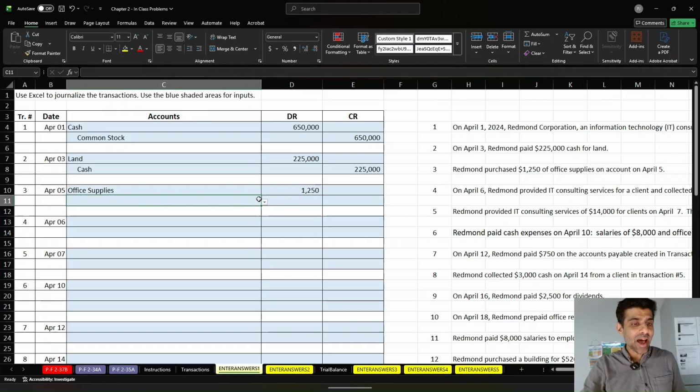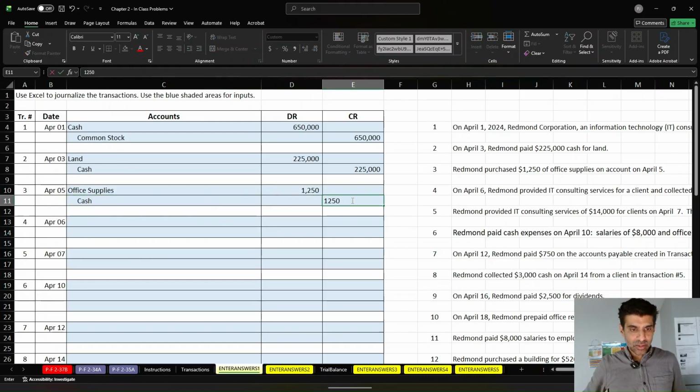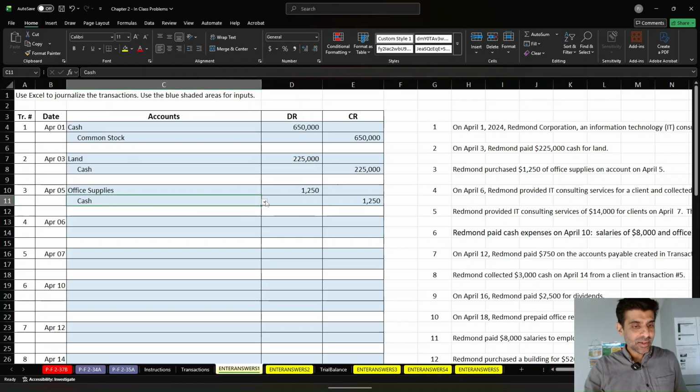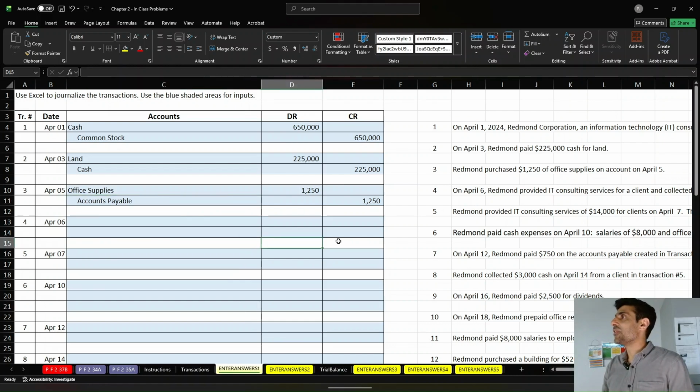Now, if I had paid cash, hypothetically, this would be a perfectly valid journal entry, right? Because cash is going down and I would credit it. However, I'm not, and I have accounts payable, which is also a perfectly valid journal entry because it's a liability and liabilities are credit normal.